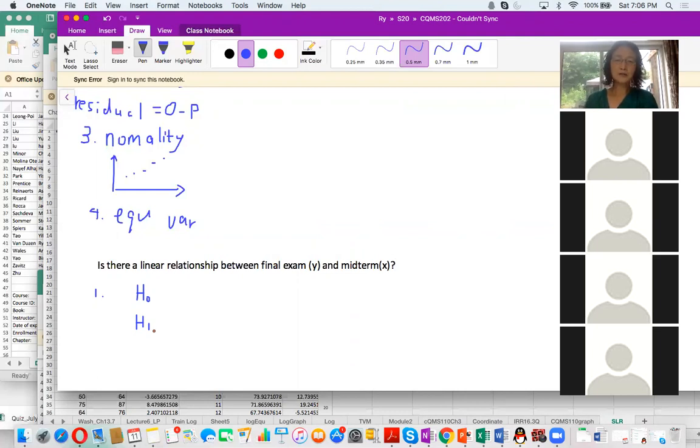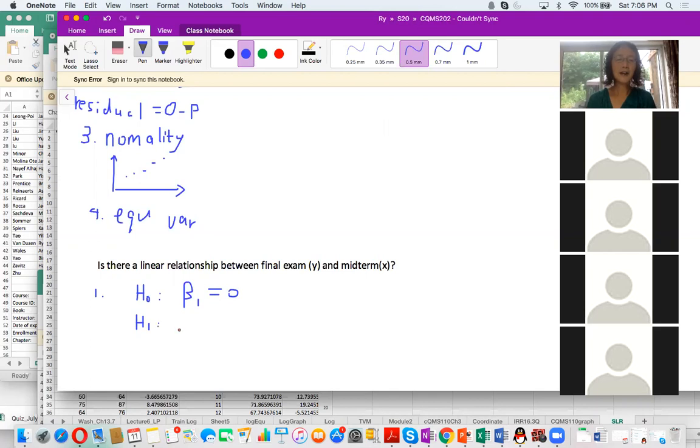For hypothesis, we are always targeting the population, okay? So we do not use b for the slope. We use beta to represent the slope for the population. Do not use b. b is for the sample data, okay? So we say beta 1 equal to 0. That is my H0. Beta 1 equal to 0 means there is no linear relationship.